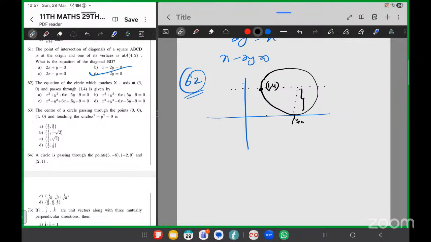This point we don't know. 3 comma 0. Okay, passes through 1 comma 4. We can consider like this. Okay, 3 comma 4.